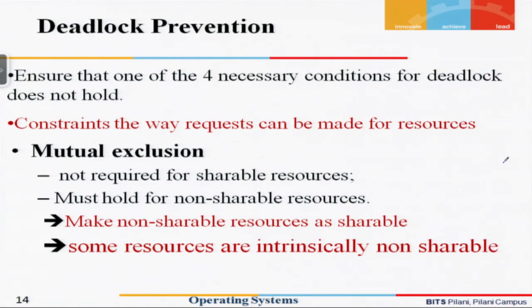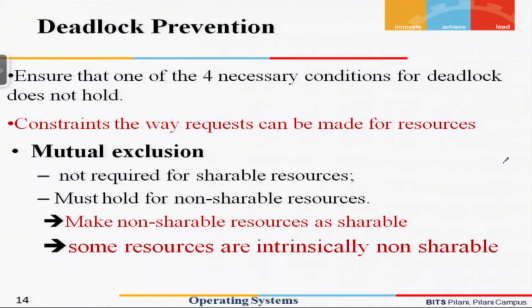One cannot change the nature of the resource. They cannot be made shareable. For example, a printer is intrinsically non-shareable. So in general it will not be possible to convert all non-shareable resources to shareable resources. That essentially means that we cannot avoid mutual exclusion, so mutual exclusion is ruled out.